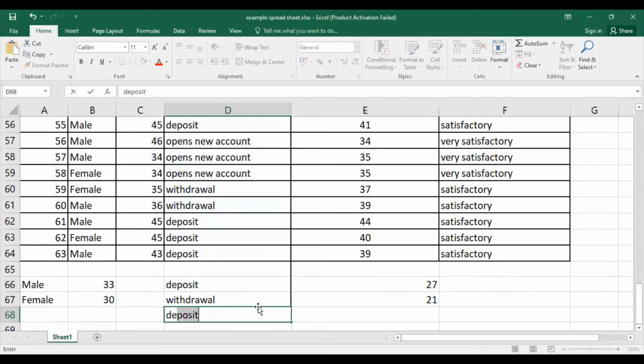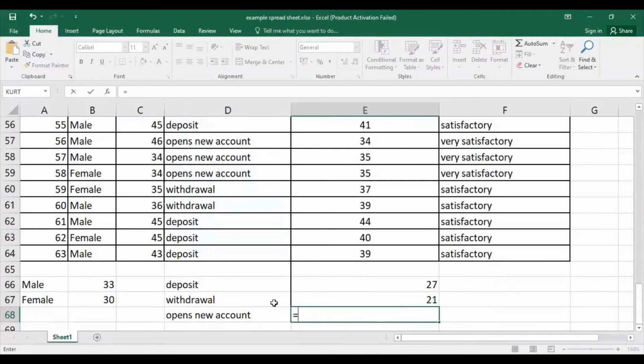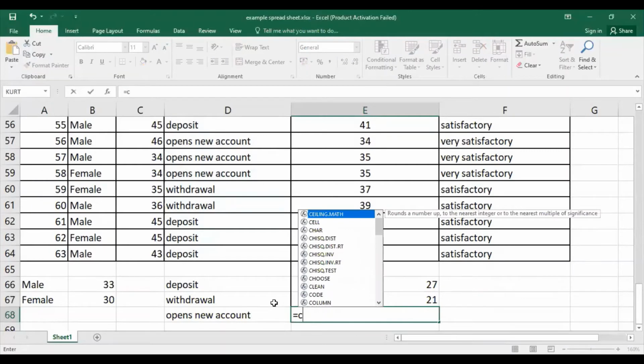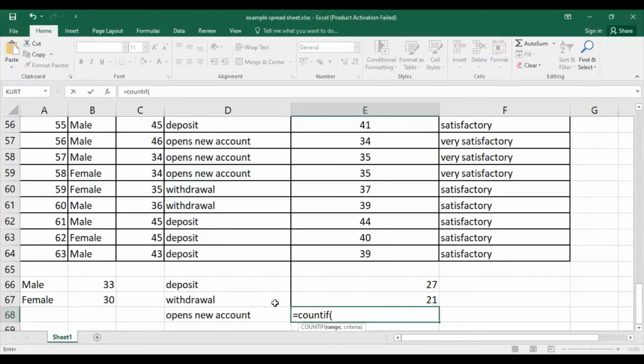And then the last would be opens new account. Okay, so equal sign and then Countif. And then our range from D2 up to D64. And then our comma, and then our criterion is opens new account.